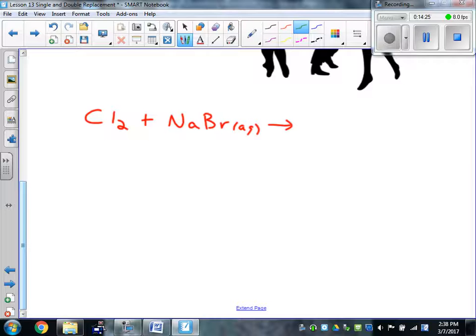So the non-metal can't switch with the metal because then we'd have 2 negatives. The non-metal has to switch with the non-metal. So either the metal and the metal switch, or the non-metal does. Chlorine's on the right-hand side of the periodic table, on the right of the staircase. That's going to switch with another thing that's on the right-hand side of the staircase. So non-metal, non-metal switch. And what we'd end up with is Br coming out by itself.